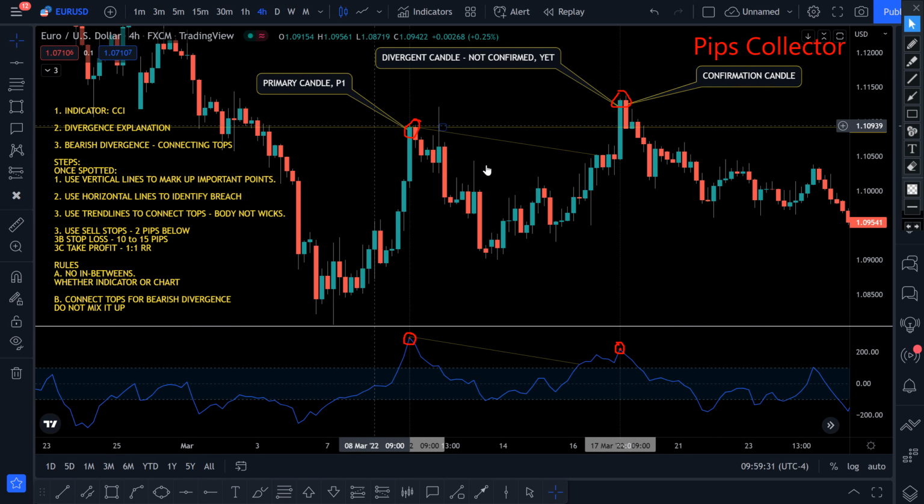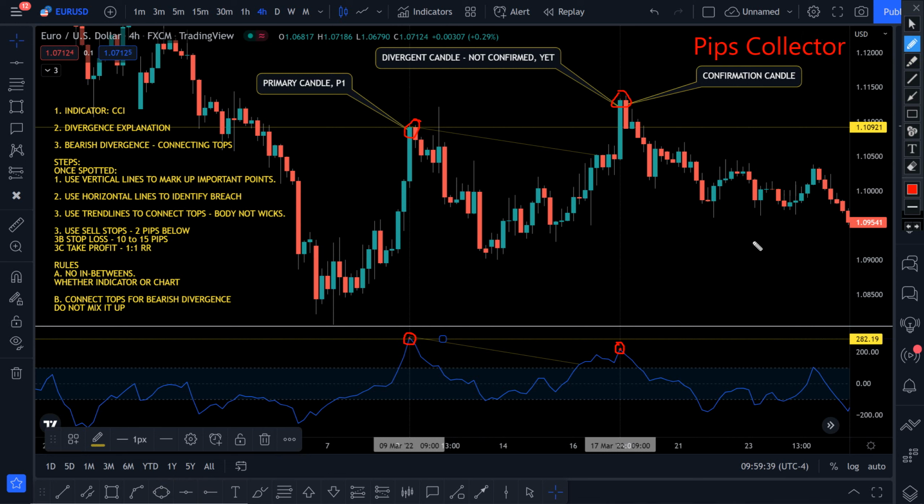You just need the vertical lines, the horizontal lines, your trend lines, and the best indicator you can add is your what? Your eyes. This is the best indicator you can use, okay, with your eyes. So I'm just doing all this confirmation candle, divergent candle for ease of understanding.